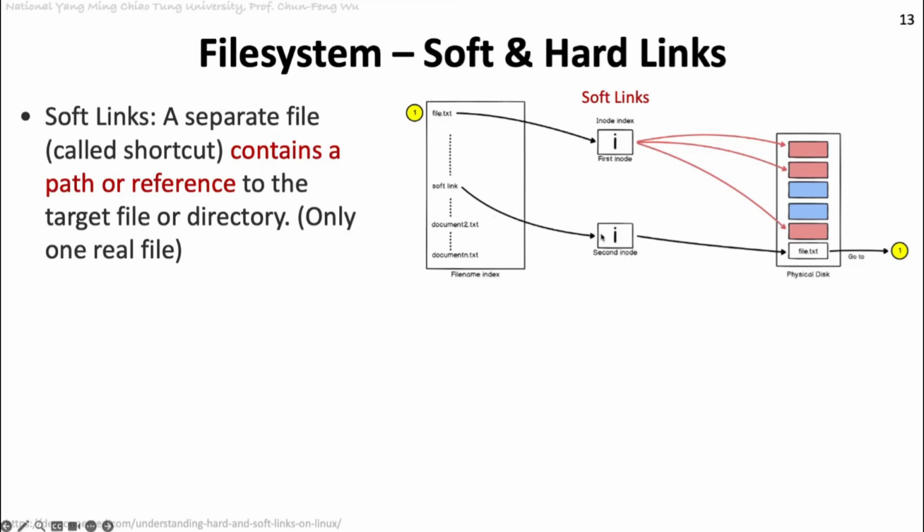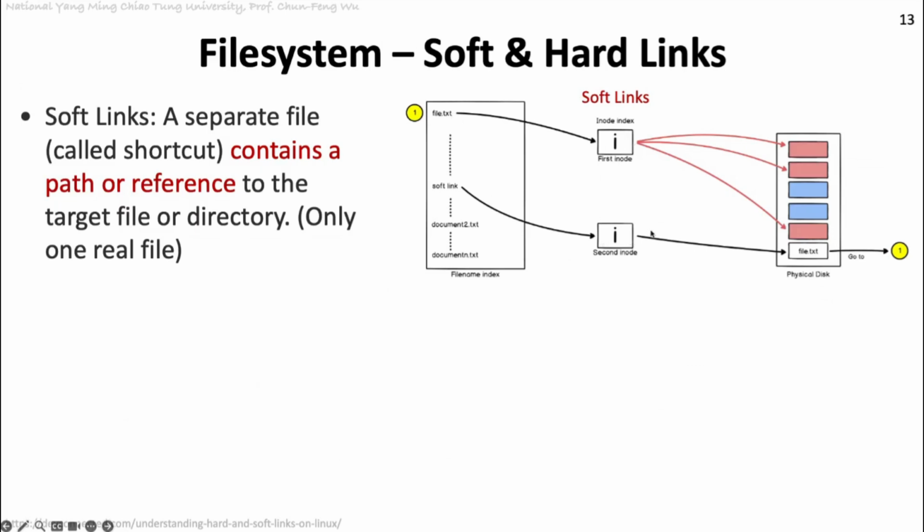But this inode number will point to a very special data block, and they will point back to here. So this reference helps to reference back to file.txt, and then we go through the same path. The file.txt will find the inode number, and the inode number will point to the data blocks on the storage device.